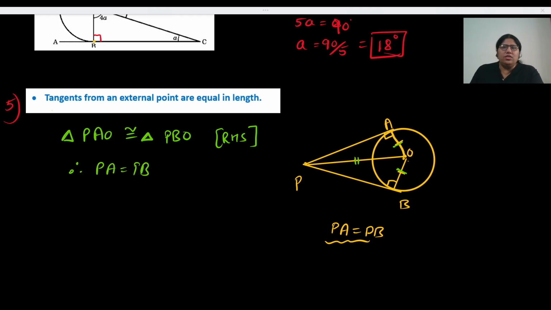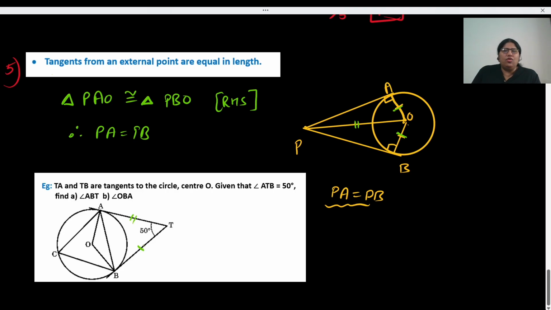Now, how will you use this theorem to solve questions? TA and TB are tangents to the circle from point T, so they will be equal in length. Now, what do I need to find out? Angle ABT, this angle, right? You know that angles opposite to equal sides are equal, so this will be x and this also will be x.